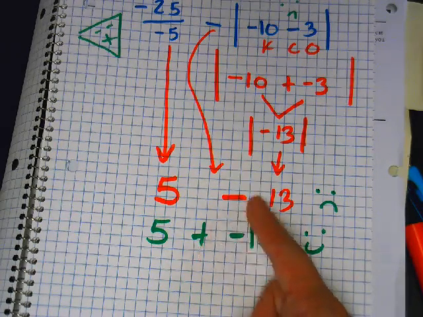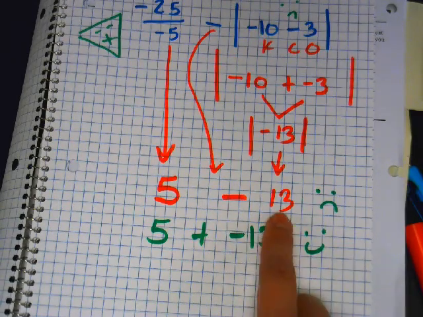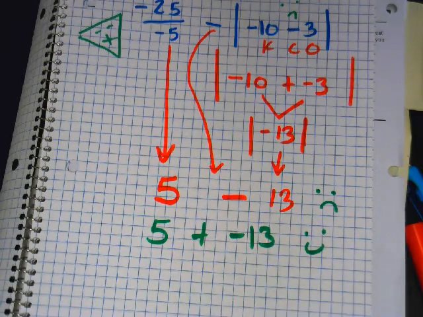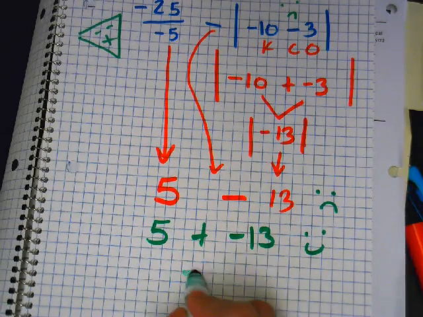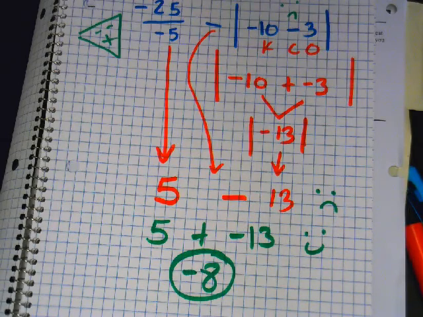The reason I need you to change it is so that you see that we have negative 13. You don't see that you have negative 13 until you change it. And then what is our final answer? Negative 8. The signs are different, so you subtract. There's no more bars. We got rid of the bars a long time ago. So don't use them. All right, any questions? Okay. Woo, that was great.